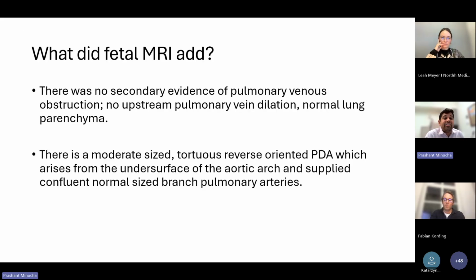There was no secondary evidence of pulmonary venous obstruction, normal lung parenchyma. You could see a moderate-sized tortuous reverse-oriented PDA from the undersurface of the aortic arch, which supplied the confluent normal-sized branch pulmonary arteries. So that was reassuring in the setting of that concern for restrictive atrial septum prenatally by fetal echo.